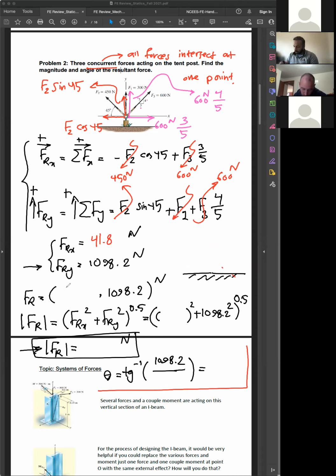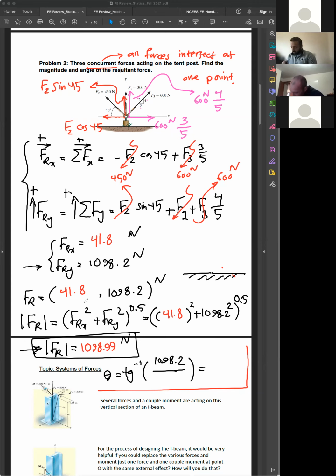So 41.8 squared plus 1098.2 squared to the power of half would be 1098.99. So it would be your magnitude.